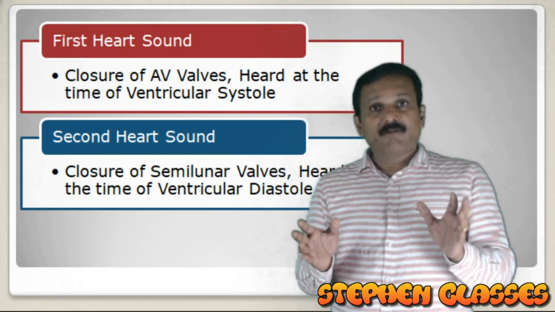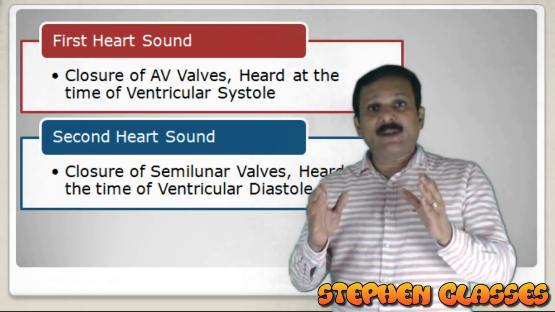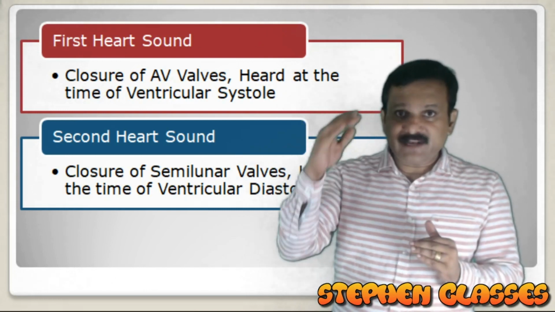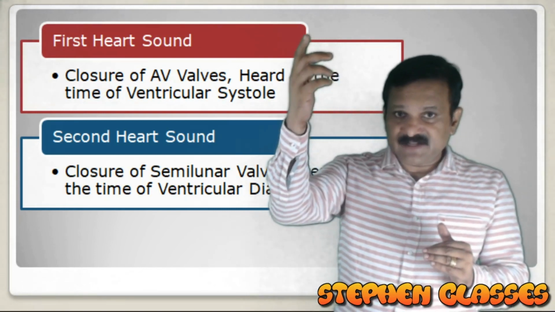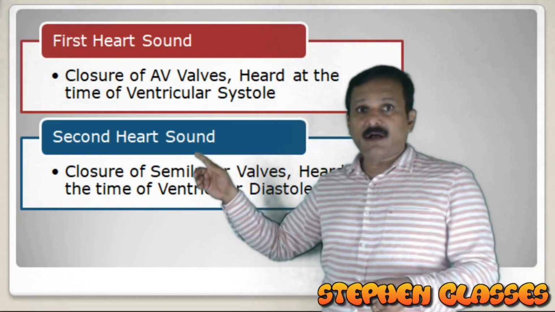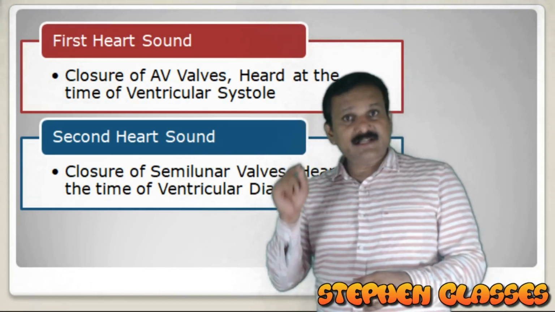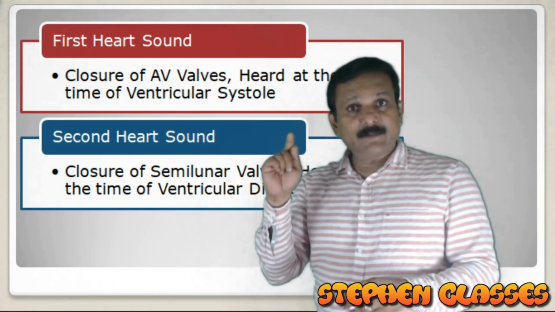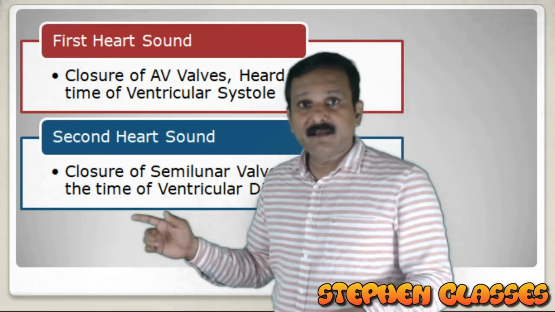So there will be closure of the semilunar valves to prevent the backward movement of blood from the corresponding blood vessels into the ventricles. That will cause the second heart sound or dub sound. So doctors are able to hear lub dub. The major heart sounds are lub and dub.